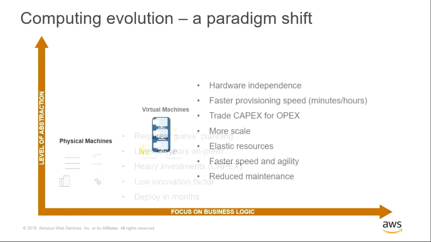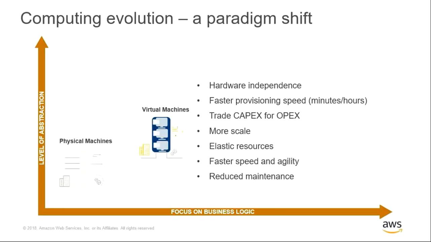A step up from that was virtual machines, where you gained a certain amount of hardware independence, where you can move your VMs between different machines based on your actual needs. You can provision them and deprovision them when you don't need them anymore. That gave you more elasticity, more scale. For many people, that was a step up from physical machines.